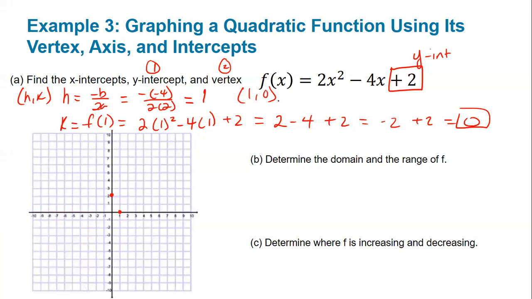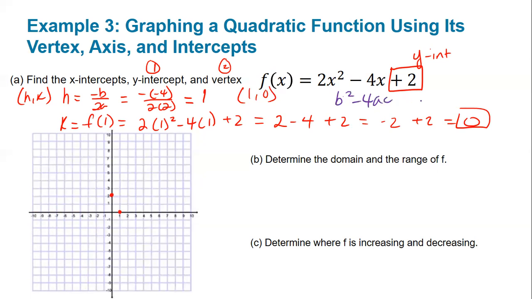Now, quick note here. Notice how it's 1, 0. When I'm just looking at this graph, is there any possible way that it's going to touch the x-axis again? No, there isn't. I can verify that by doing the discriminant, b squared minus 4ac.